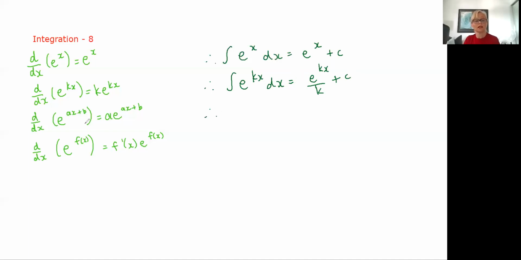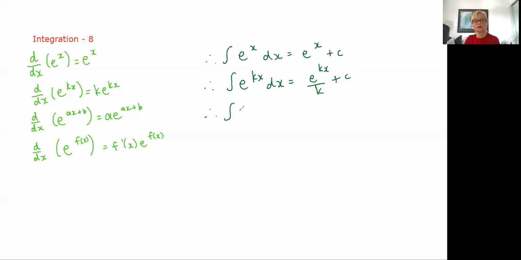Similar situation here, if you have e raised to a linear function, chain rule dictates that when you differentiate that, you get e to that function multiplied by the derivative of that function. So this is going to be a similar situation to this here.